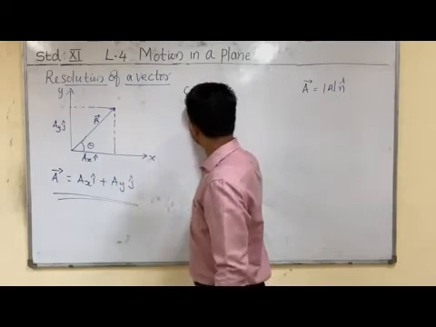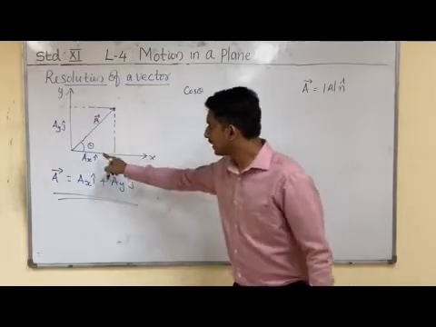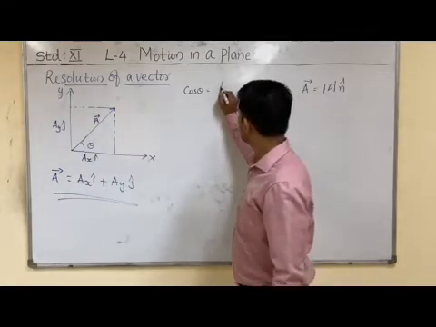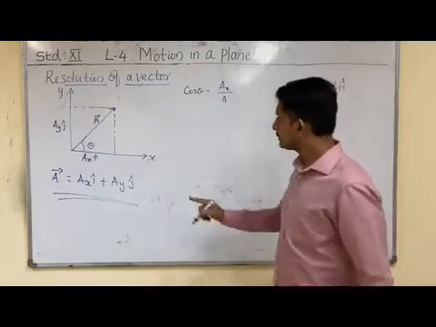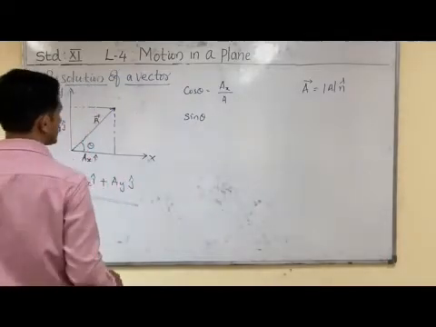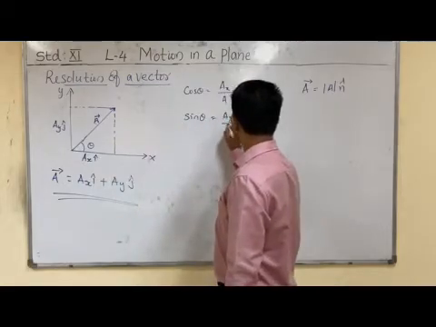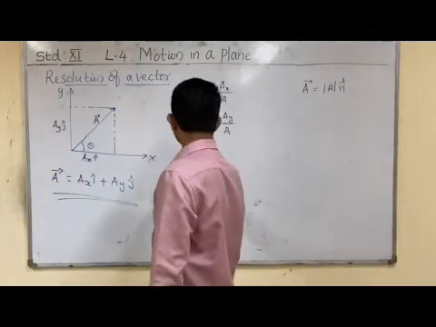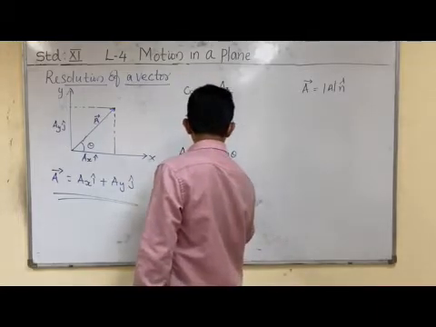Now, from the diagram, cos theta is the adjacent side divided by the hypotenuse, considering only magnitudes. So cos theta is AX divided by A, the magnitude of vector A. Similarly, sin theta is the opposite side, that is AY, divided by A. From these equations, AX is equal to A cos theta and AY is equal to A sin theta.